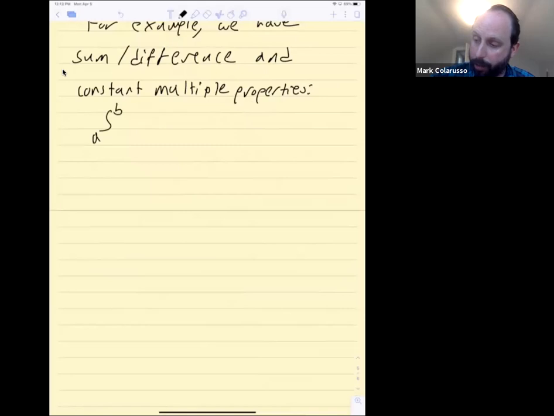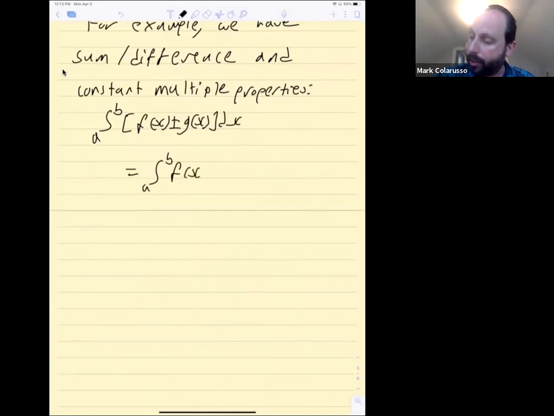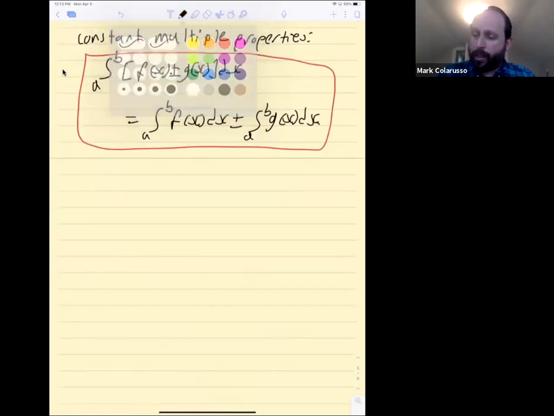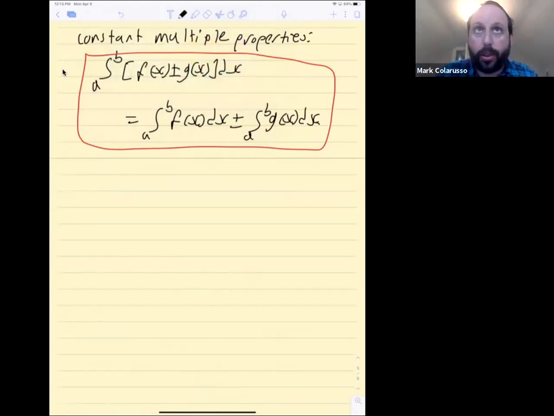So it'd be the integral from a to b of f of x plus or minus g of x dx is the integral from a to b of f of x dx plus or minus the integral from a to b of g of x dx. And we had the same property for indefinite integrals. Remember, the antiderivative of a sum of two functions is the sum of the antiderivatives, same thing with the difference. And this is the same thing for this definite integral net change gadget. It follows exactly the same rule.